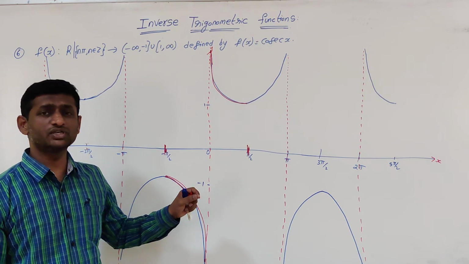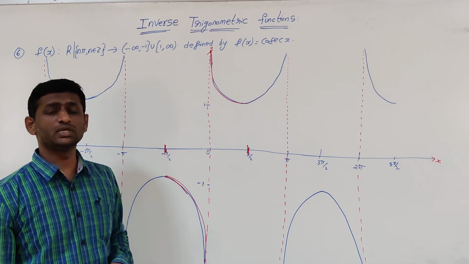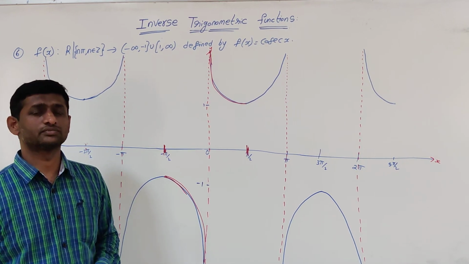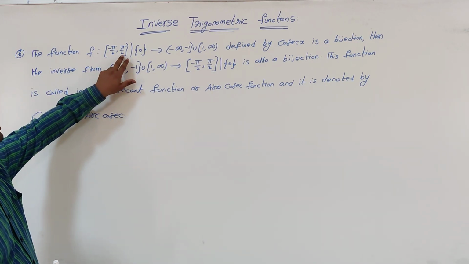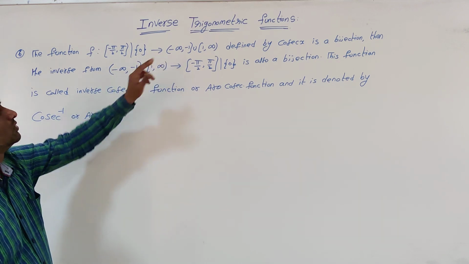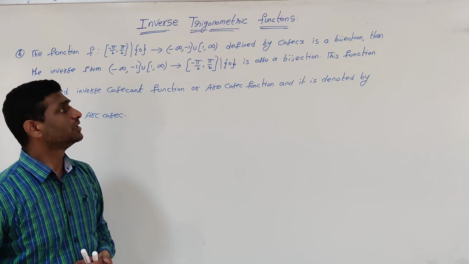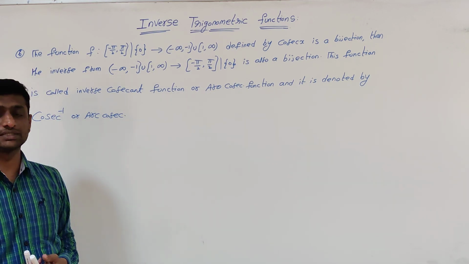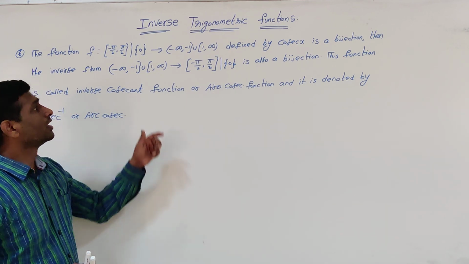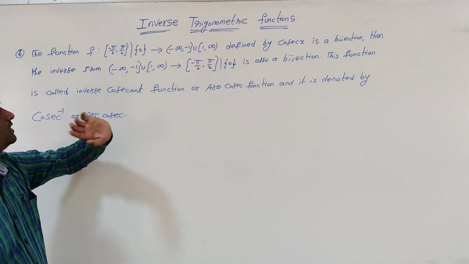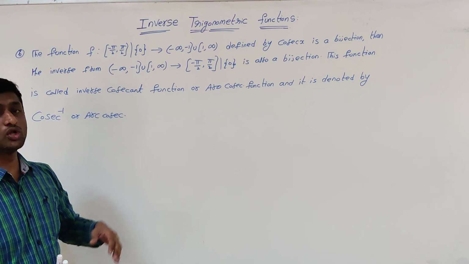If it is a bijection, the inverse also exists, and we will see the definition of the inverse cosecant function. The function defined from the closed interval minus pi by 2, pi by 2 except 0 to minus infinity to minus 1 union 1 to infinity, defined by f of x equal to cosecant x, is a bijection. Then its inverse from minus infinity to minus 1 union 1 to infinity to the closed interval minus pi by 2, pi by 2 except 0 is also a bijection.